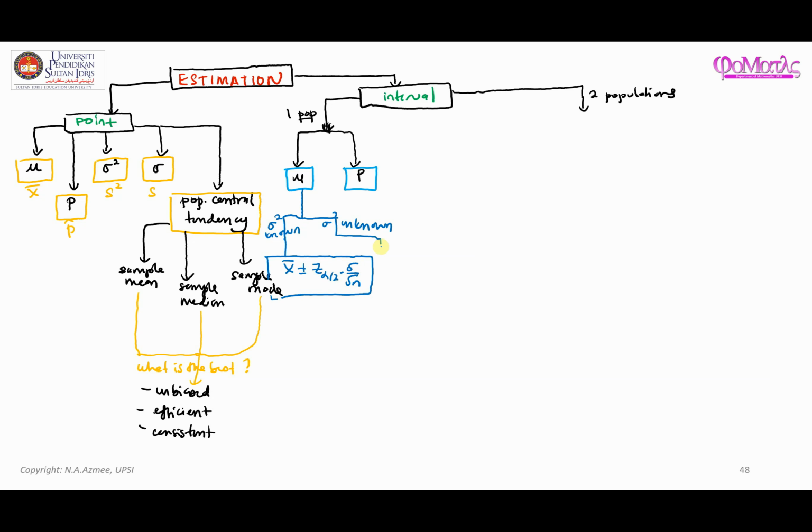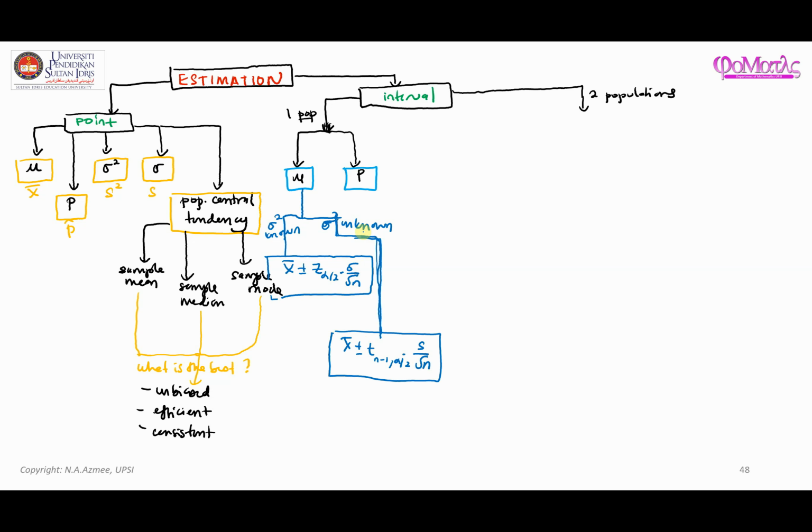Now when it is unknown, I'm just going to do a bit of a detour. When sigma squared is unknown, the formula to find the confidence interval is x bar plus minus t with n minus 1 degrees of freedom, alpha over 2, s over square root n.